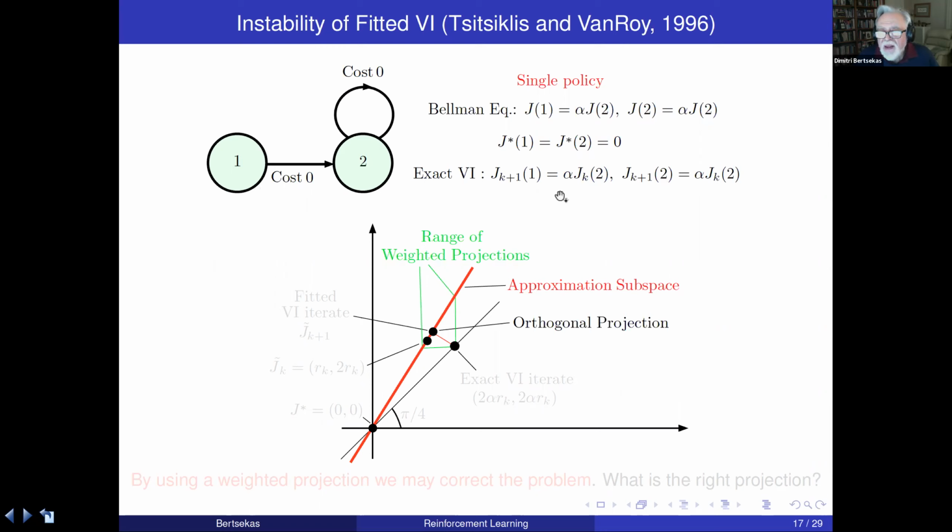Jk of 2 is on the right side of both of these equations, right? Given any initial condition, value iteration converges to 0. Alpha is less than 1, right? So whatever you started with is being reduced by a factor alpha each time, and it converges to 0.